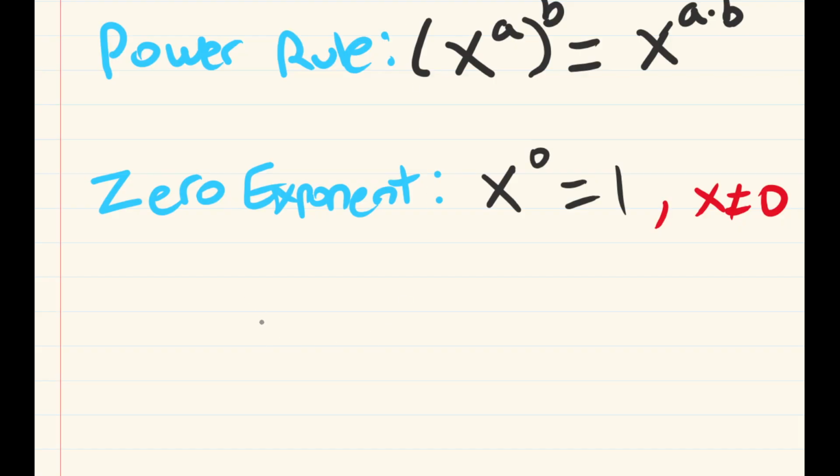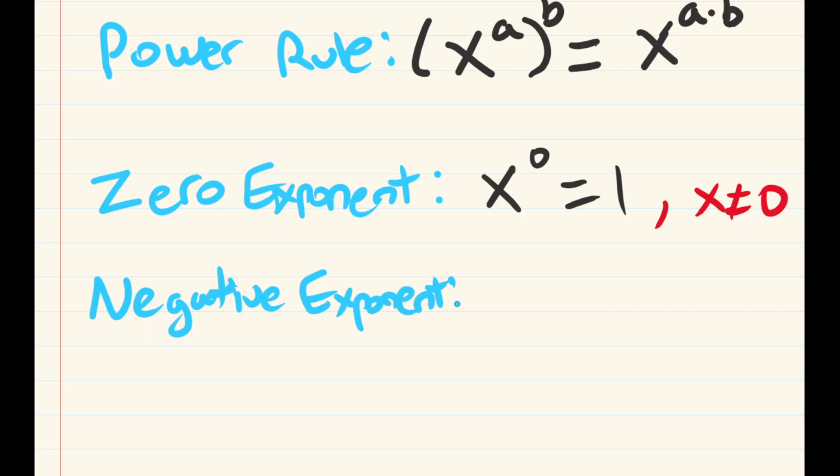Perfect. Let's talk about negative exponents. So let's say we had x to the power of negative 2. How do we deal with this?